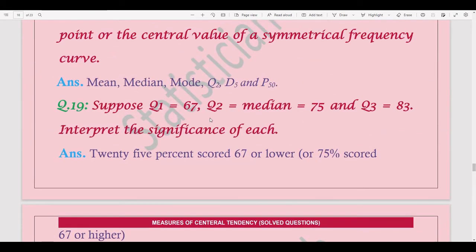So I repeat: first quartile is 67, meaning 25% of persons score 67 and below.